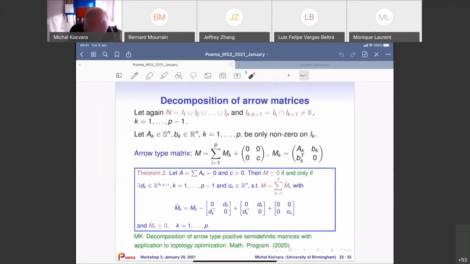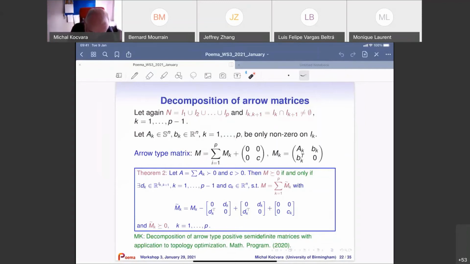So again, for the arrow matrices, I assume that we split the set of indices into some subsets which have non-zero intersections, so there's non-zero overlap. Again, I assume that my matrix M is a sum of matrices Mk, which are only non-zero on these overlaps.